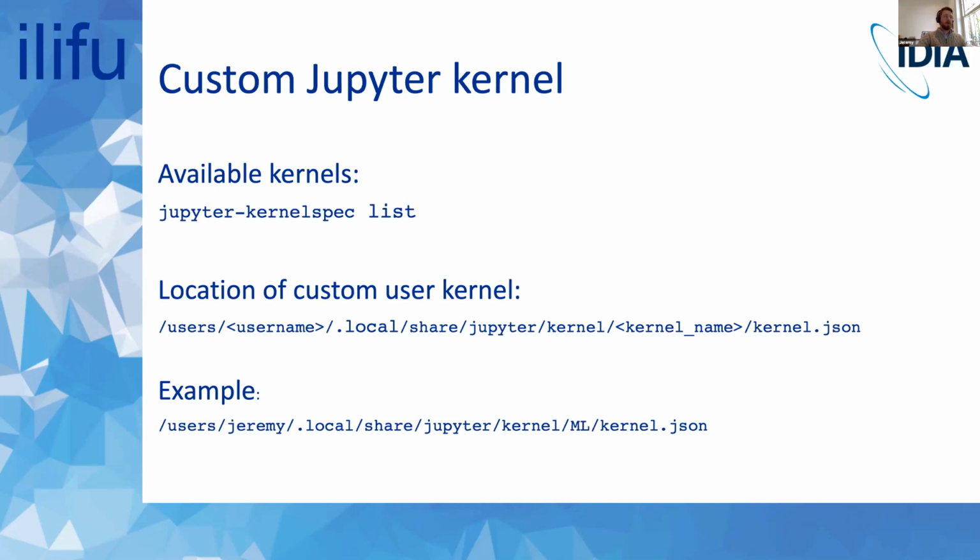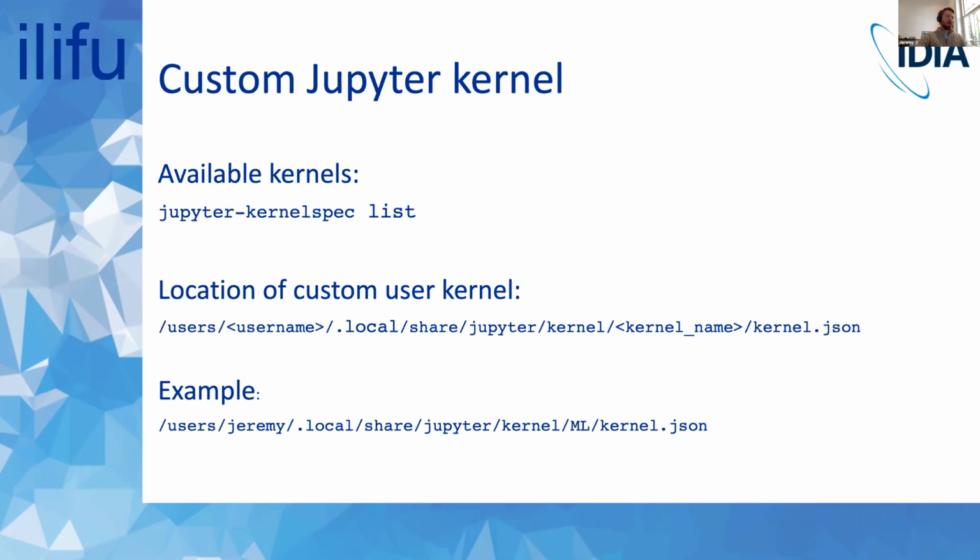In order to do that, the first line, jupyter kernelspec list, will just show you what kernels you currently have available, and there are some default ones that are already set up for you. But if you want to use a container as your custom kernel, you have to place a kernel.json file at the location indicated.